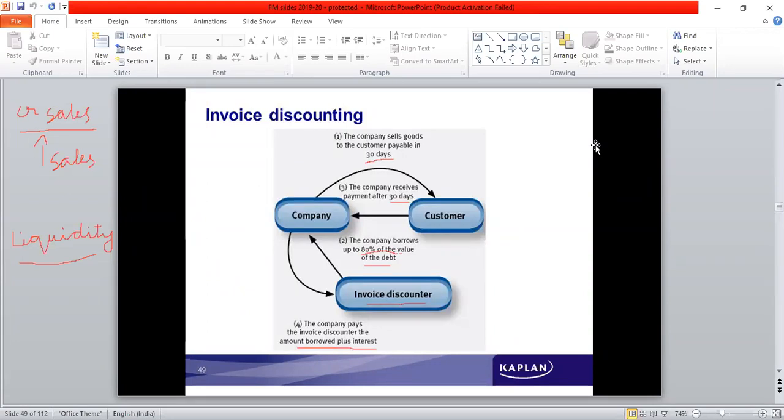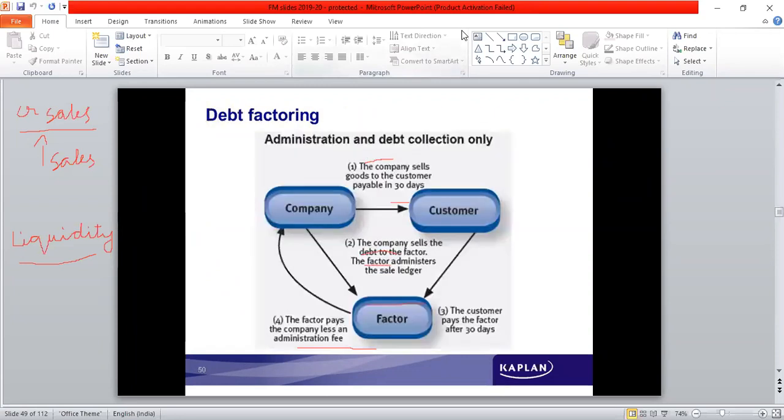Based on this concept, there is one financial service called the factoring service. It works on par with the explanation we have just looked into. It is the same concept, the same logic. Here the company sells goods on credit basis to the customers.